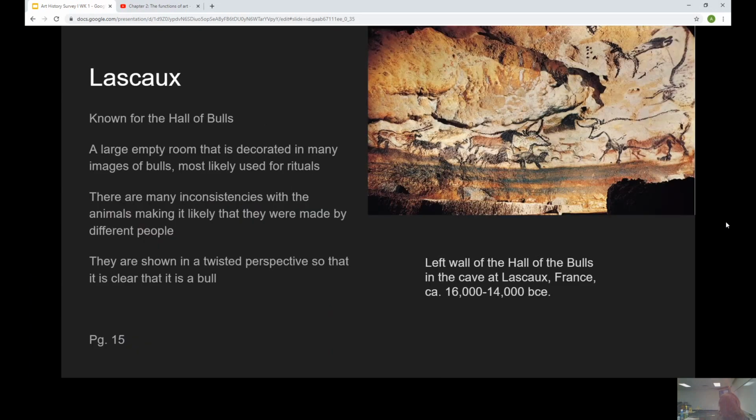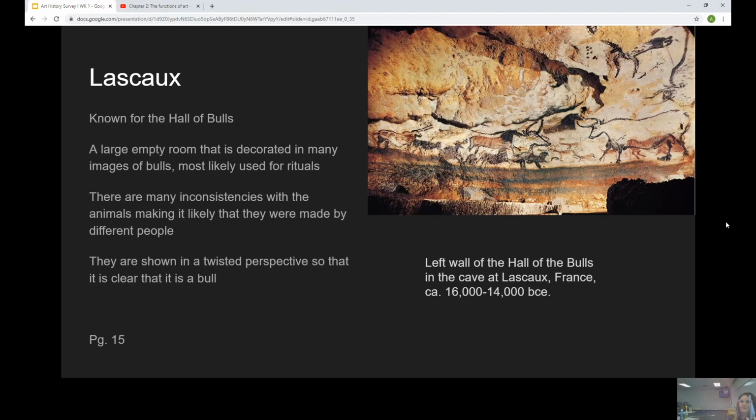Listen to Lascaux. Lascaux is most well known for its Hall of the Bulls, which is a very large open cavern inside of the Lascaux caves, which is decked out all over the ceiling with bulls.